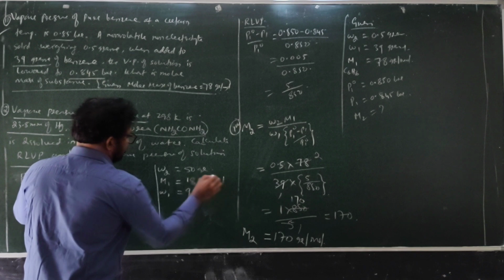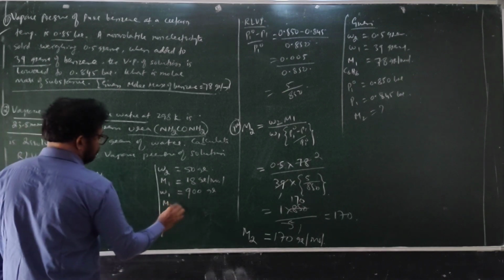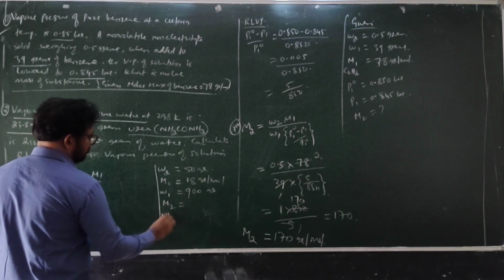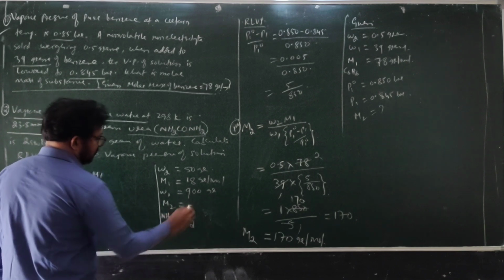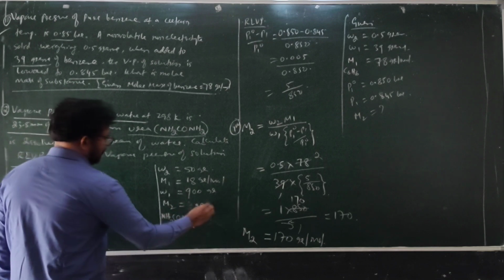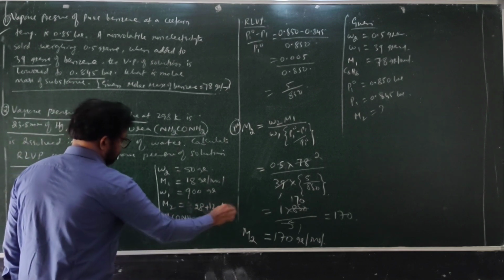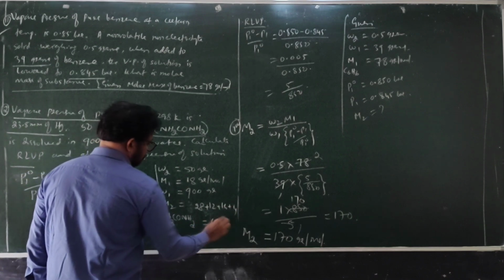So this is 900. Then what is M2? M2 you have calculated: NH2 CO NH2. 2 nitrogens are there, 28 plus 12 carbon plus 16 plus 4 hydrogen, 60 gram per mole.